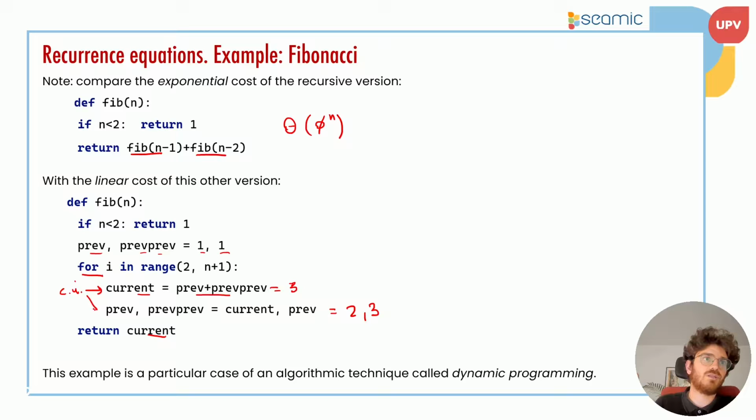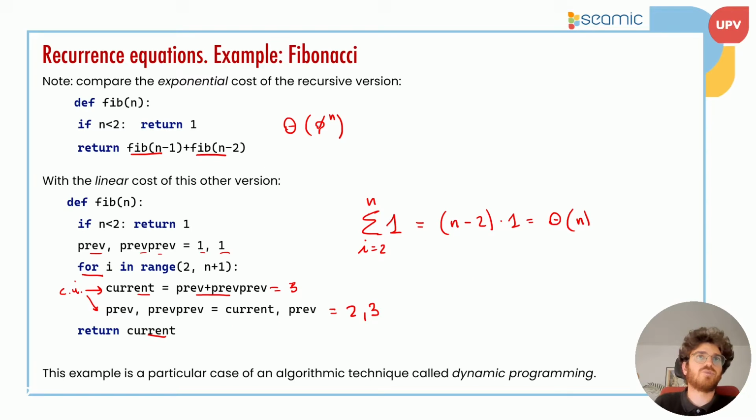This one would also be a valid answer, and thus we could say, okay, we would have one instruction repeated from i equals 2 to i equals n, and thus this would be n minus 2 times 1, which approximately gets us linear cost.